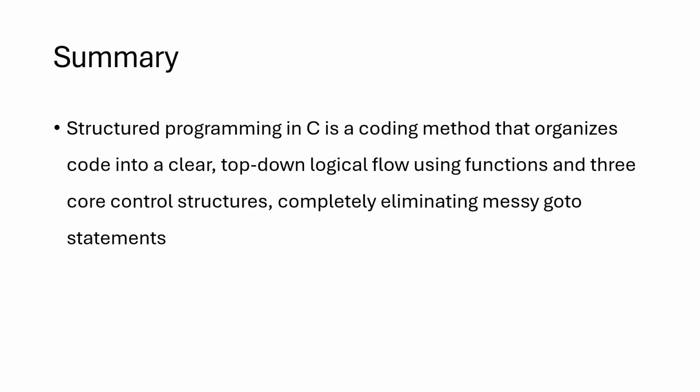Structured programming in C is a coding method that organizes the code into a clear top-down logical flow using functions. We have three core control structures, which are nothing but sequence, selection, and repetition. For sequence, it is the normal declaration part and assignment statements.